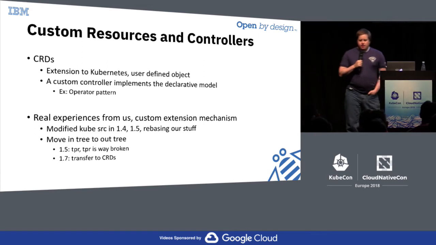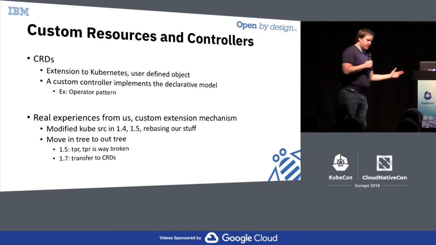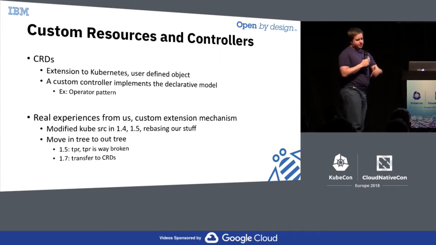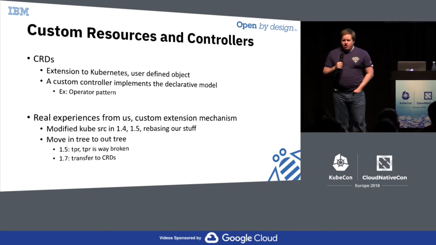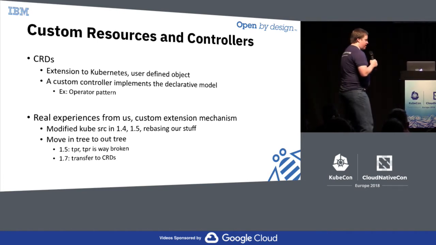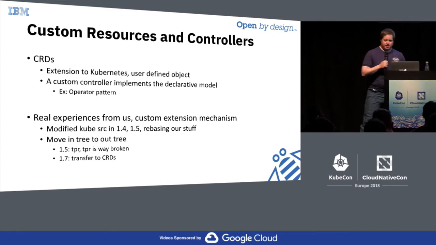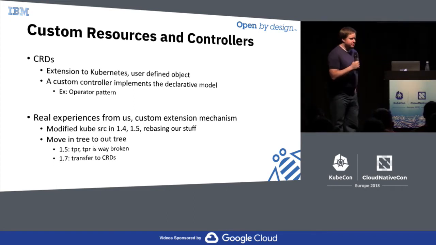So once TPRs became a thing, they took these custom definitions from in-tree source to out-of-tree source and definitions. TPR never got off the ground in a great way. It was marked as beta, but was never beta in the way that beta is typically used inside the Kubernetes code base.